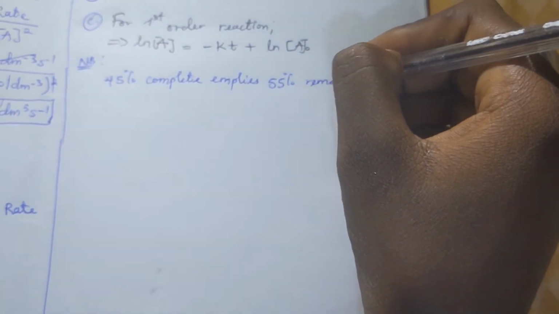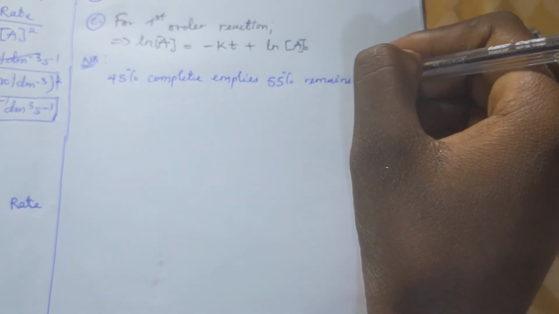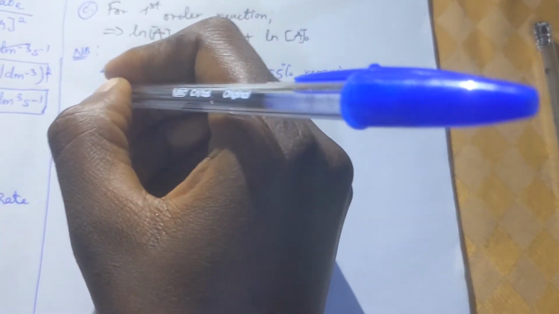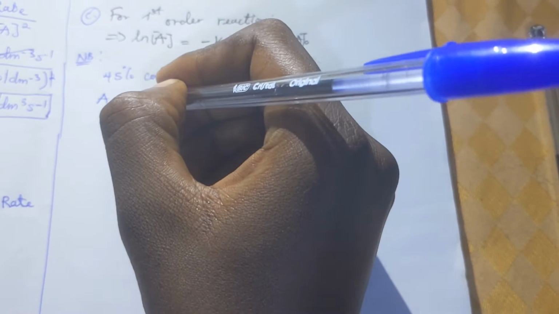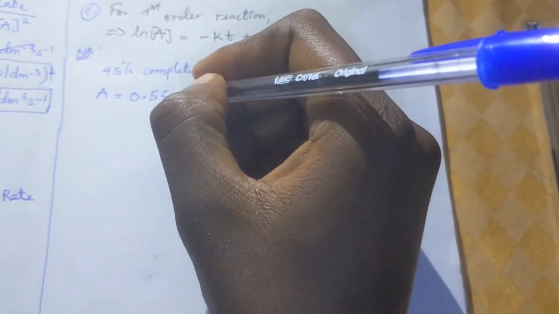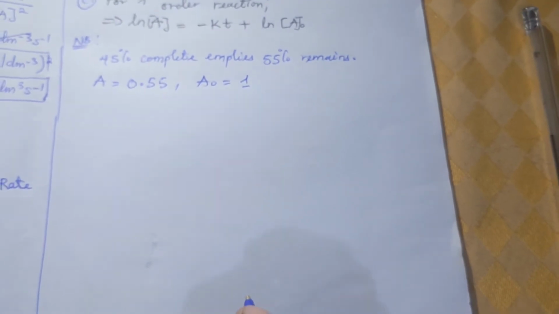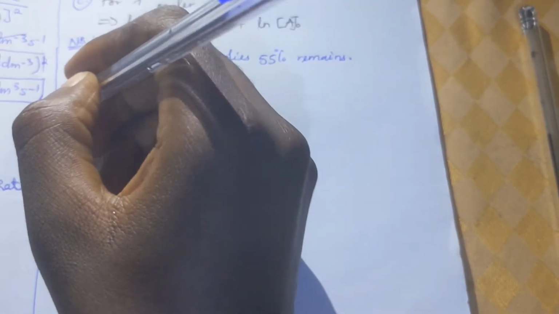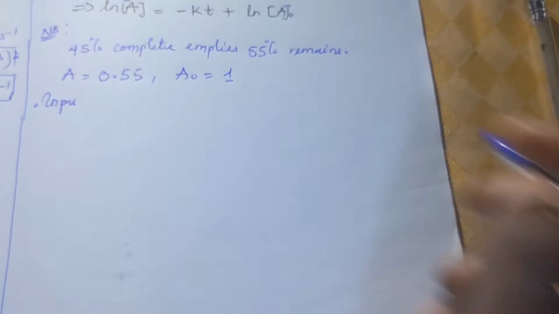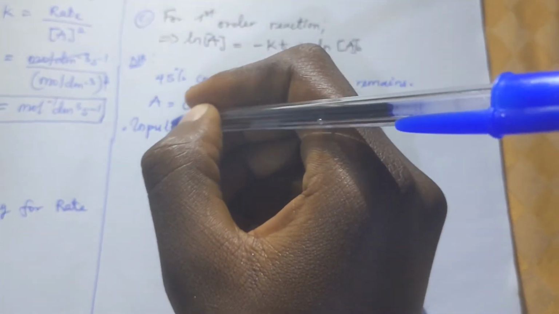So A, which is the final, the one left, the percentage left, we will take 55 divided by 100, which will give us A equals to 0.55, and the initial concentration A0 is equals to 1.